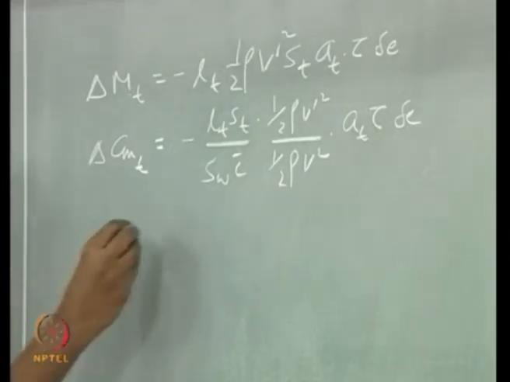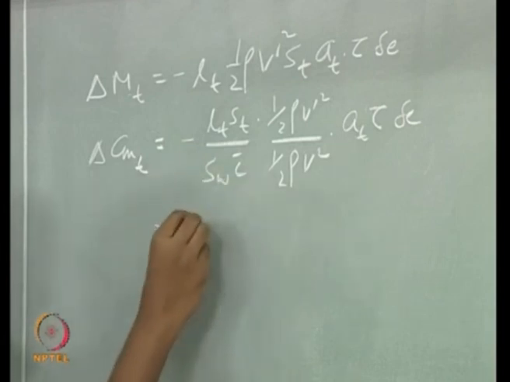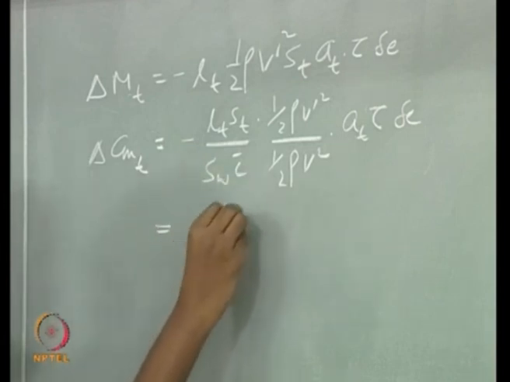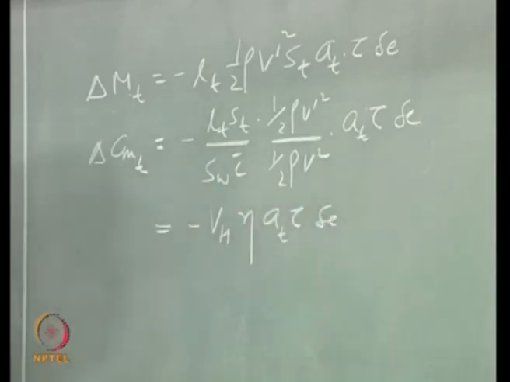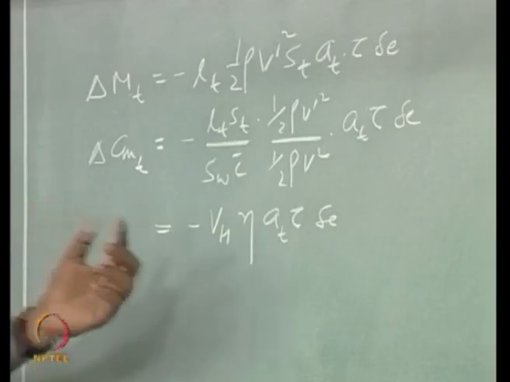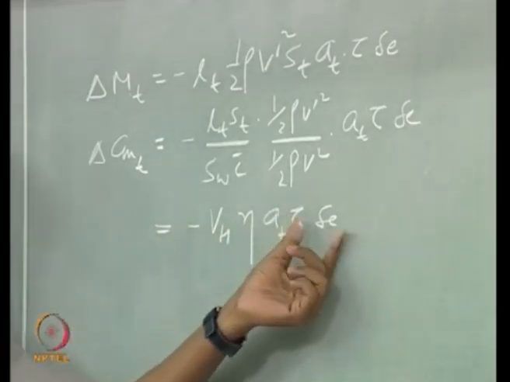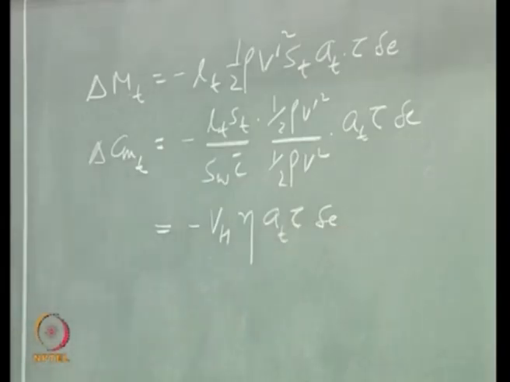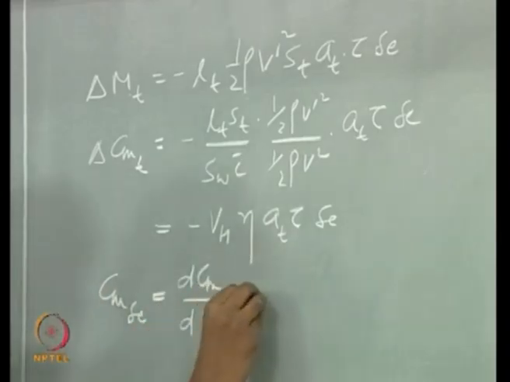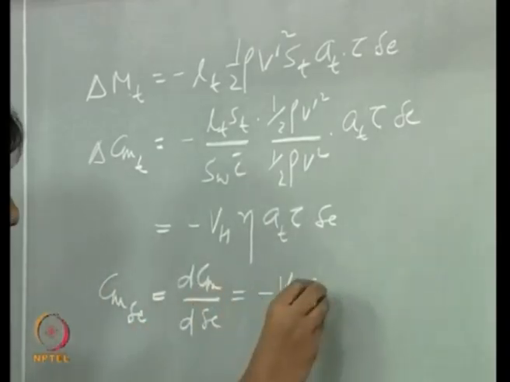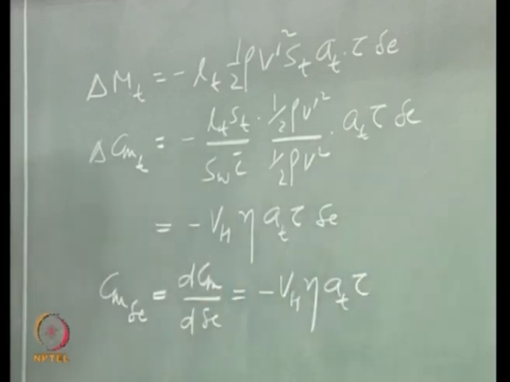Right. So, this is equal to. Now, the change in pitching moment that you can achieve due to deflection of elevator can be represented by this derivative, right.